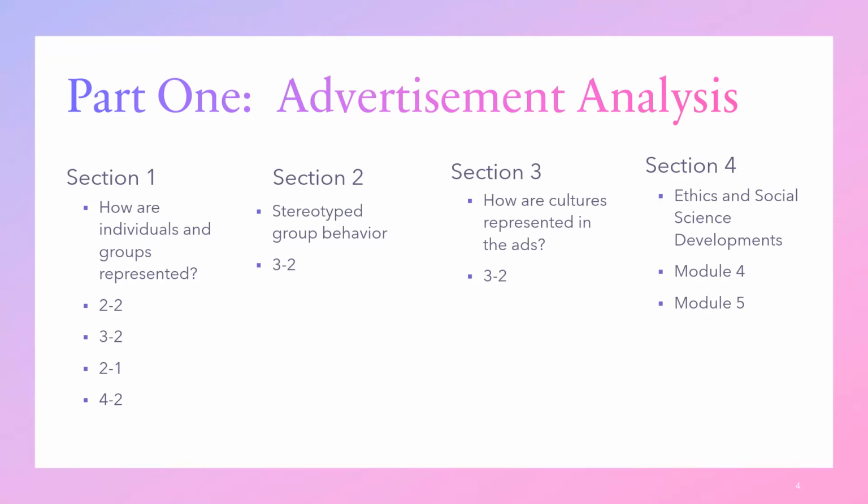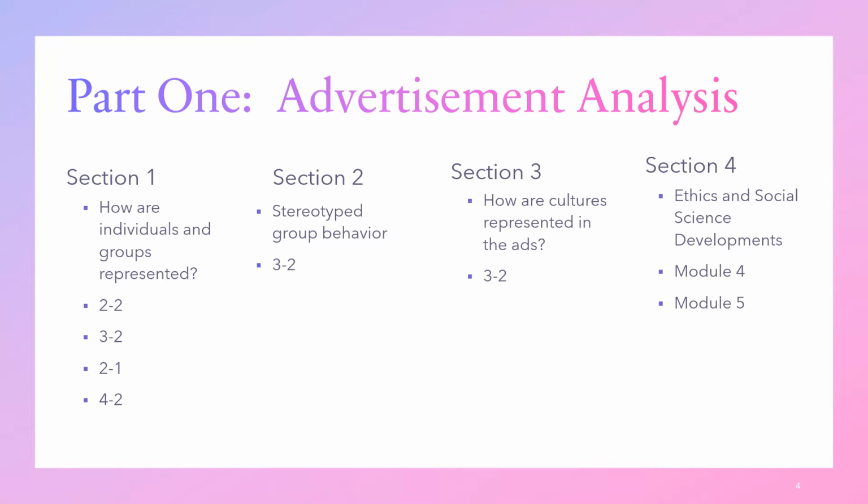In the first section, you are going to discuss how individuals and groups are represented in the advertisements. For example, what objective observations were made? This came from your 2-2 and 3-2 assignments. This could be things like the doll was wearing a pink dress, or the man was wearing a brown coat.